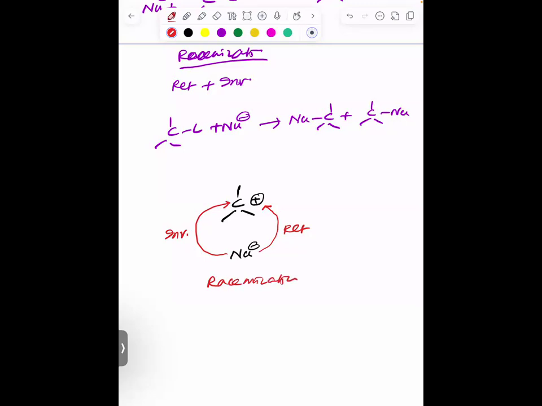In SN1, it is the racemization of configuration. That means both retention and inversion are taking place simultaneously.